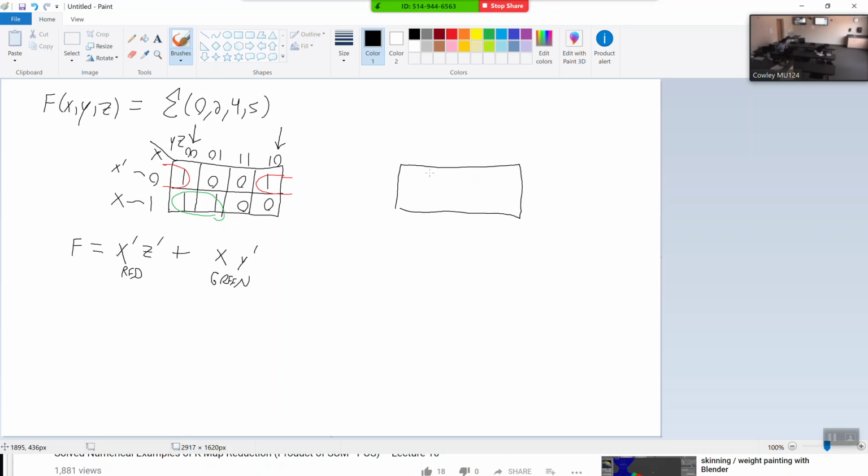Now, instead, and this isn't what the problem's asking for, instead of focusing on the ones, I focus on the zeros, so the complement.